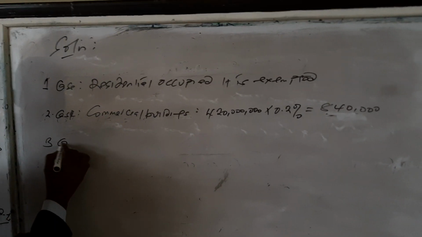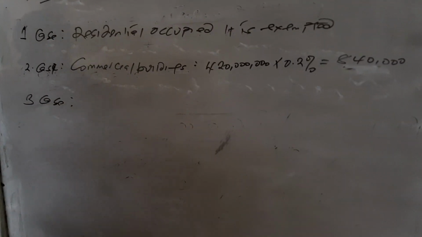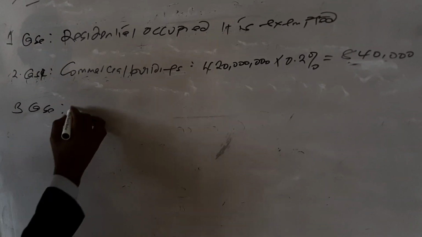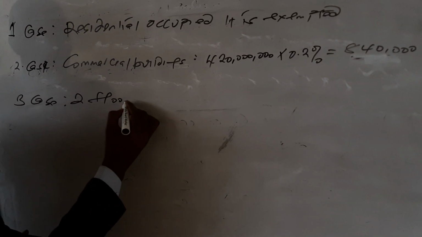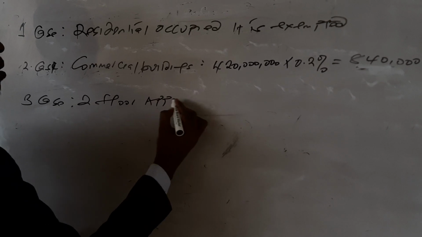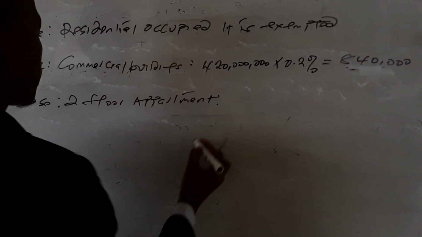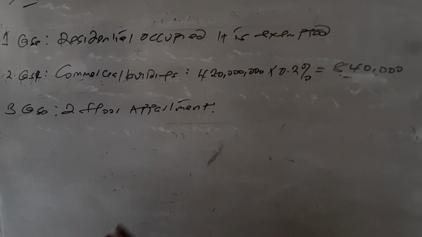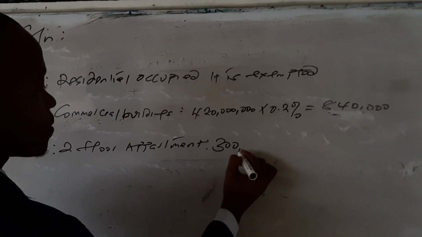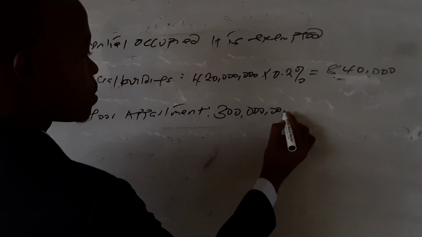The third case is the 2-floor apartment, worth 300 millions.